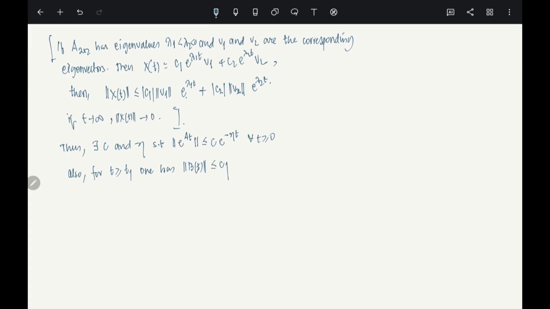For sufficiently large t, this has to be bounded, otherwise this is not going to happen. Therefore, for all t greater than or equal to t1, we have the norm of x of t bounded by c times e to the power minus eta t.